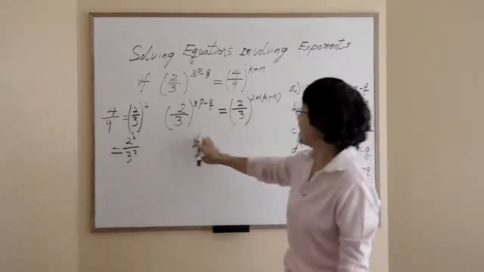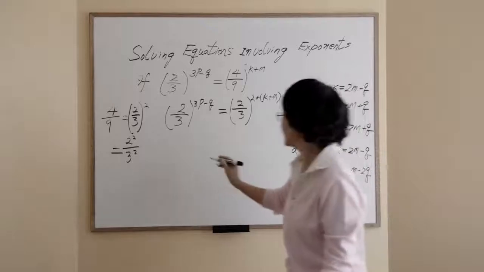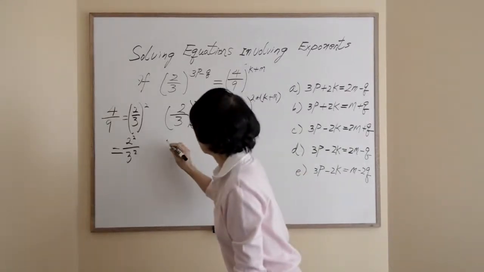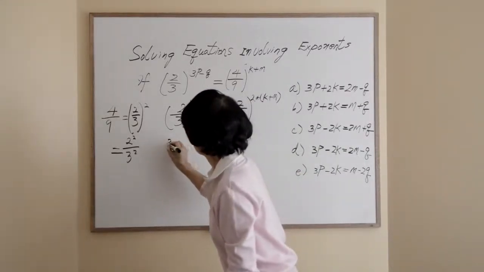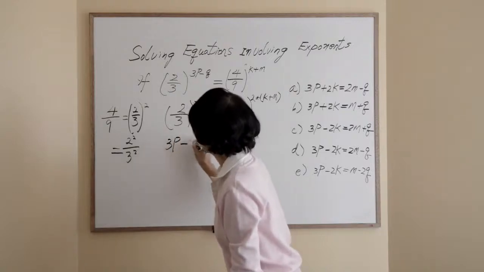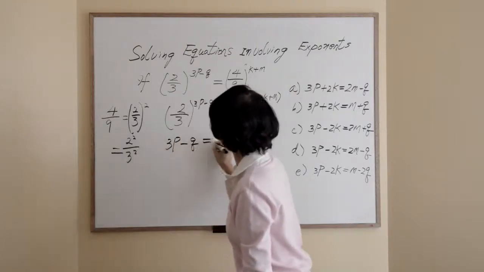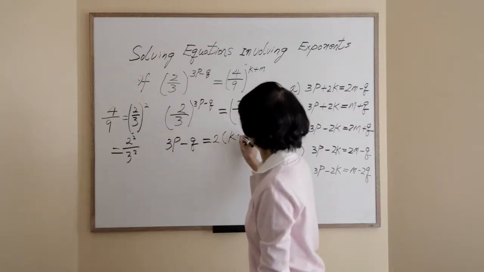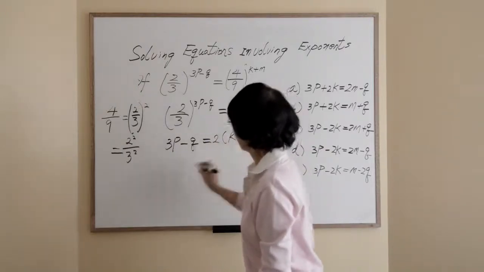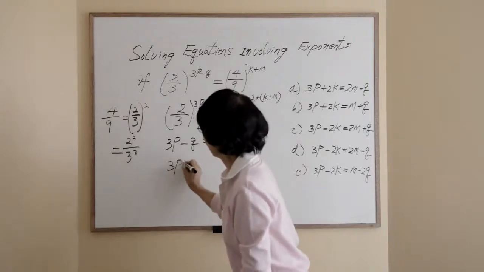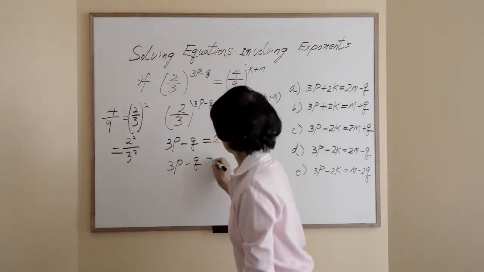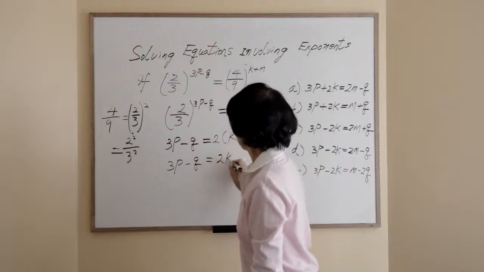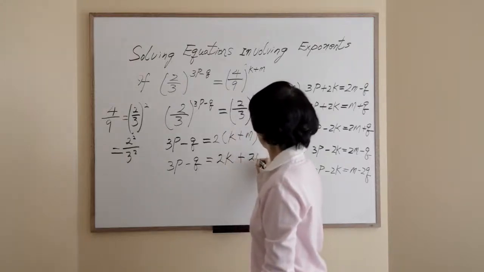Since they have the same base, let's just drop the base. 3p minus q is equal to 2. Let's do one more step. 2 times k plus m. 3p minus q is equal to 2k plus 2m.